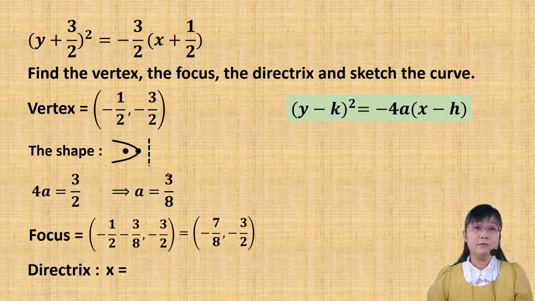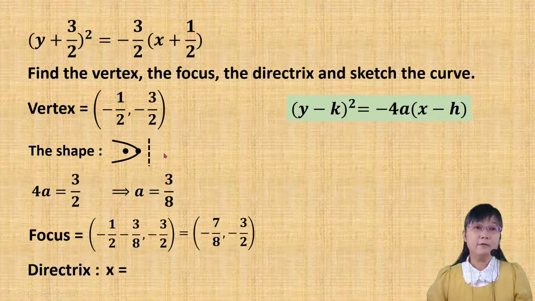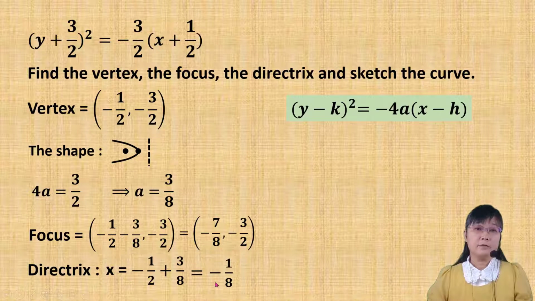Since a is equal to 3 over 8 and the directrix is on the right hand side of the vertex, the value of x is equal to negative 1 over 2 plus a, that is 3 over 8. So therefore, x is equal to negative 1 over 8.